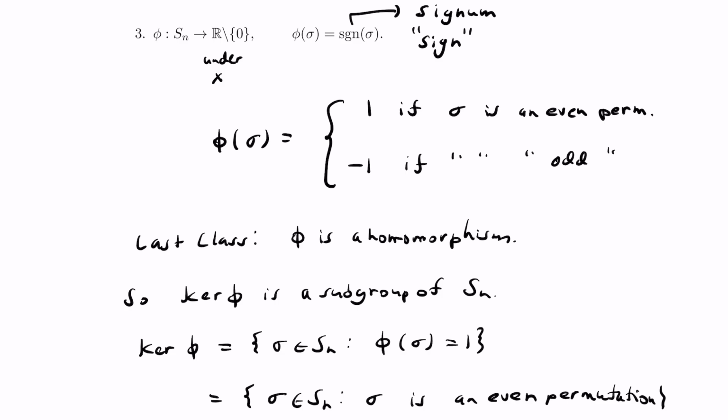In your previous assignment, you had to go through a long, laborious proof of this fact, but now you have a nice, short argument that doesn't involve as much work. This is interesting, and we're going to see more of this type of application of homomorphisms as we go on throughout the course.